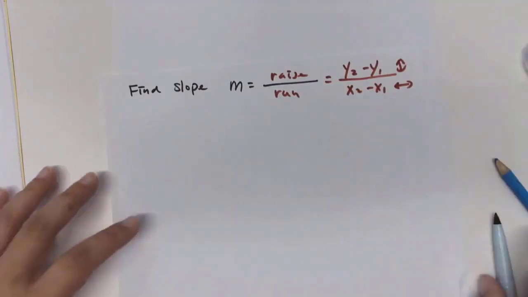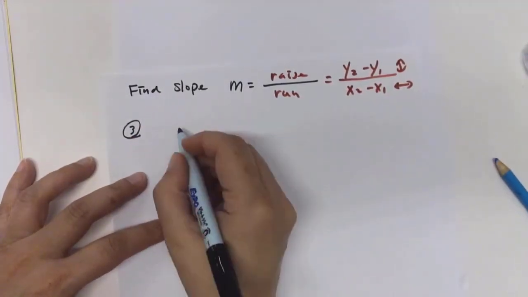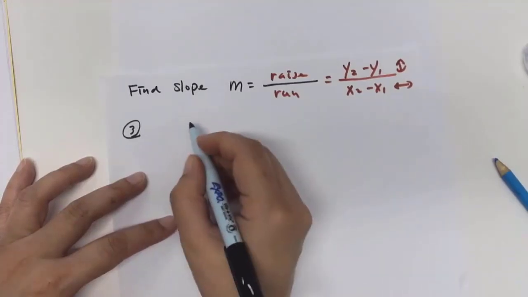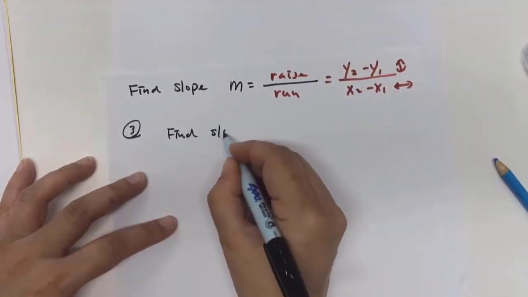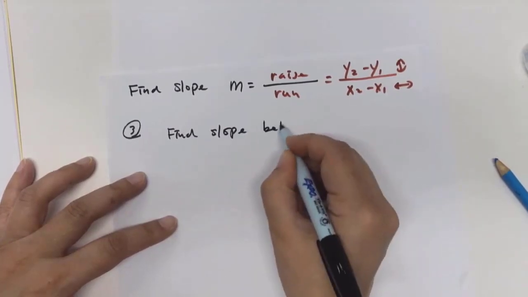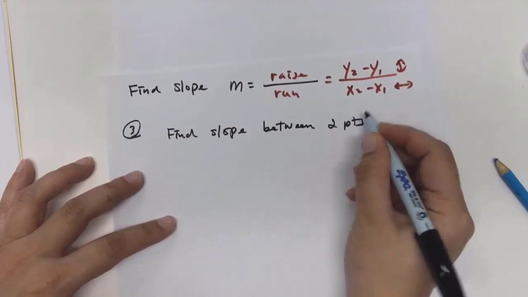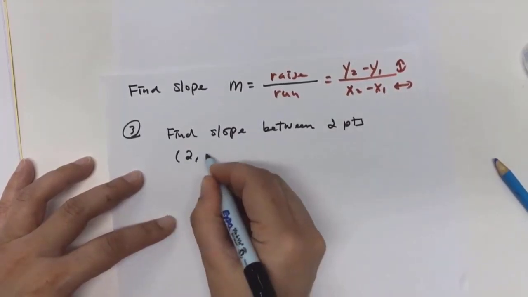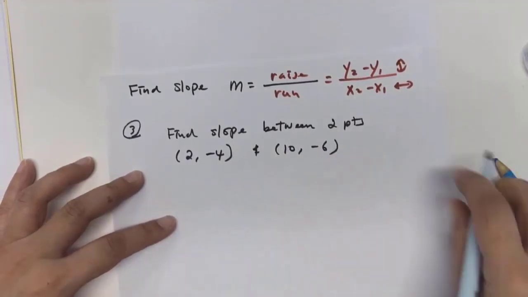So the first question for the slope is to find the slope between 2 points. The points are 2, -4, and 10, -6.